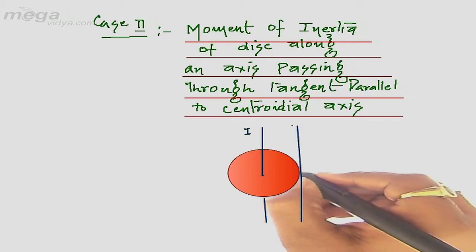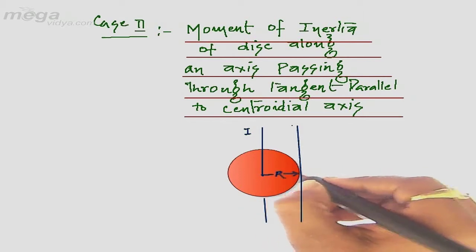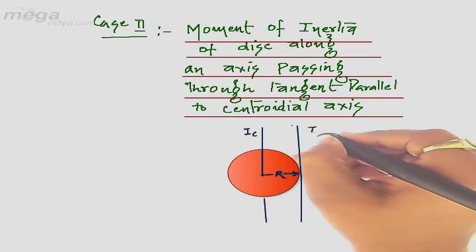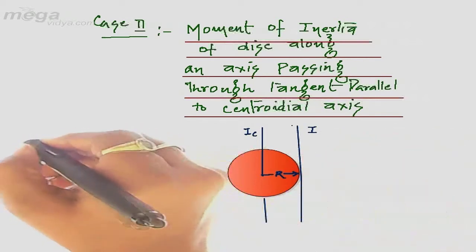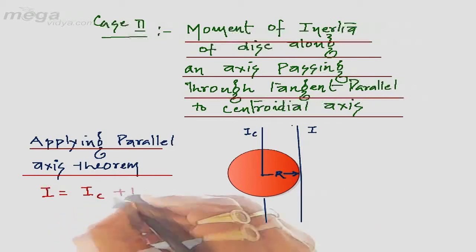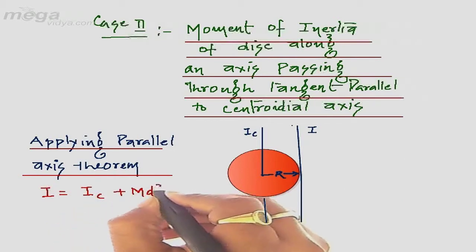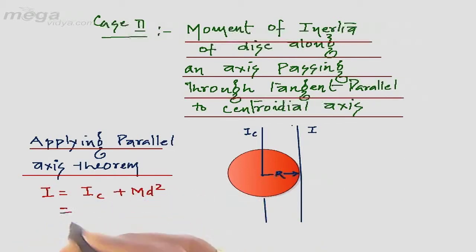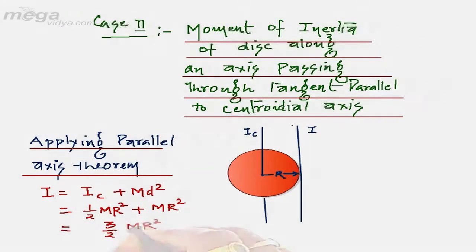Let the distance of this tangent be r from the center. Let's consider the moment of inertia to be I. Applying the parallel axis theorem, moment of inertia I will be equal to I C plus M D square, as we have already studied. Here D will be equal to R. So we can write it as 3 by 2 m r square.